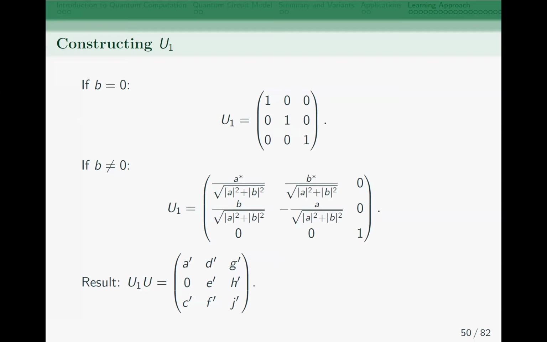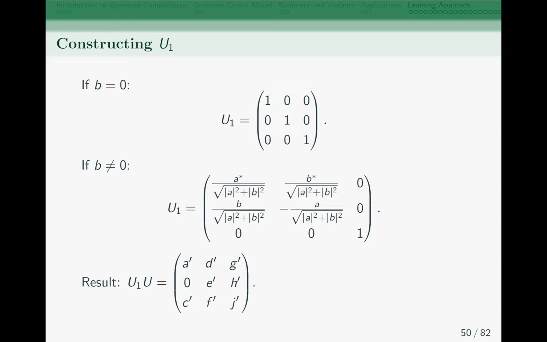When you multiply these three by three matrices, let's say I only care about this position. What this position is, is minus B times A plus A times B.